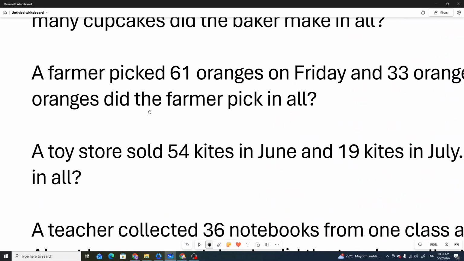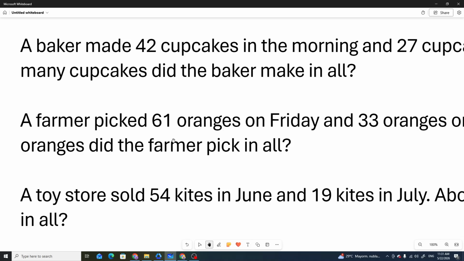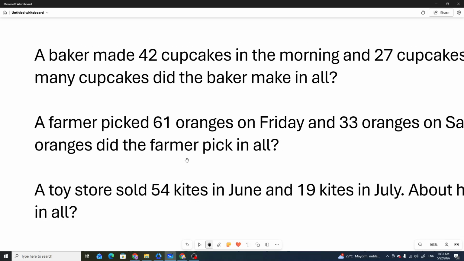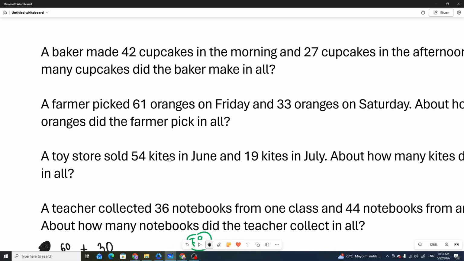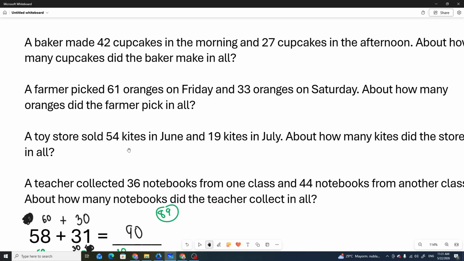So let's see. I have the first one. A baker made 42 cupcakes in the morning and 27 cupcakes in the afternoon. About how many cupcakes did the baker make in all? So basically the actual answer is going to be 42 plus 27.